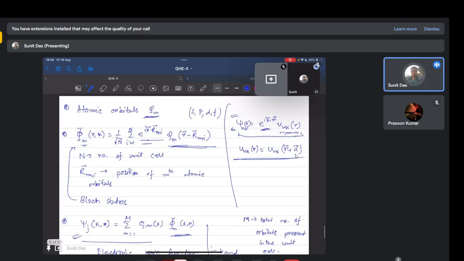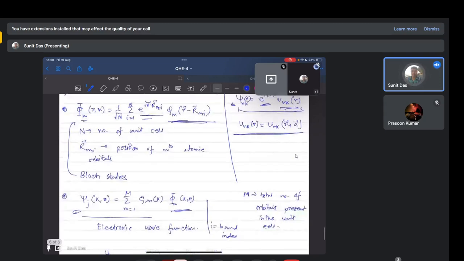So we'll start with atomic orbitals, consistent with the fact that we are considering tightly bound electronic wave functions, which in this case are atomic orbitals centered at those atoms. From that we form a Bloch state in a solid state system, and from the Bloch state we take all possible Bloch states.